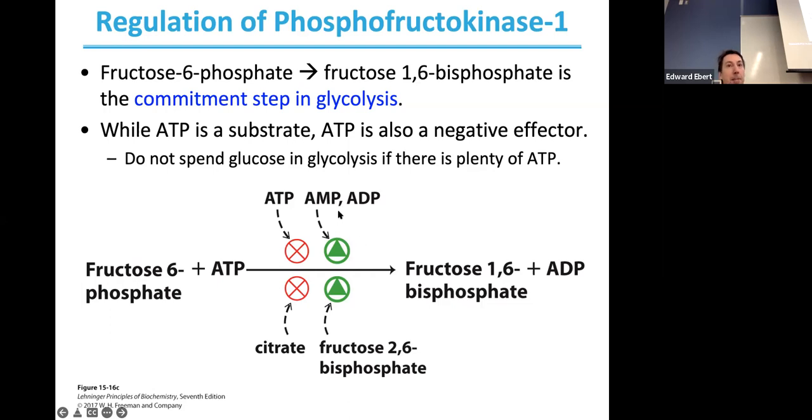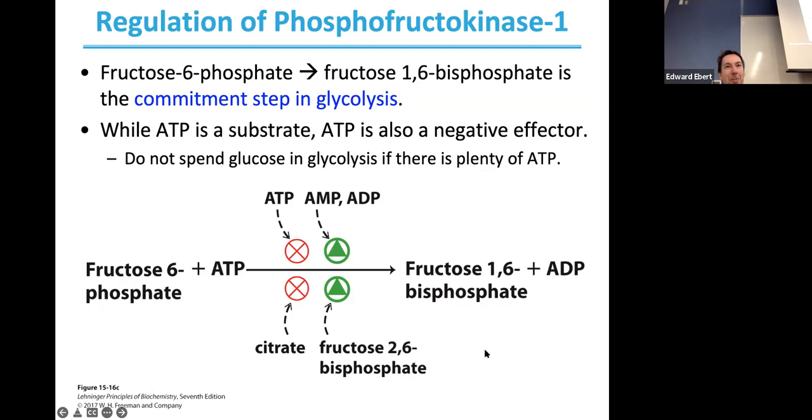Conversely, though, AMP or ADP are actually positive effectors that will speed up PFK1. Okay. Citrate inhibits it, and that will be coming from the citric acid cycle, and that usually indicates a healthy amount of energy if we've got excess citrate in there. And we also have this fructose 2,6 bisphosphate.